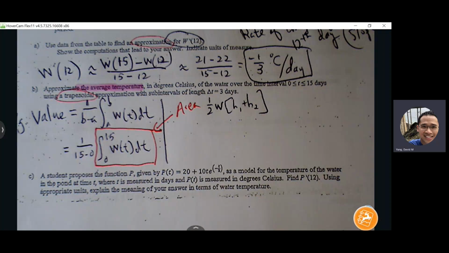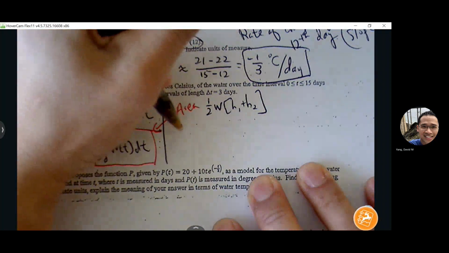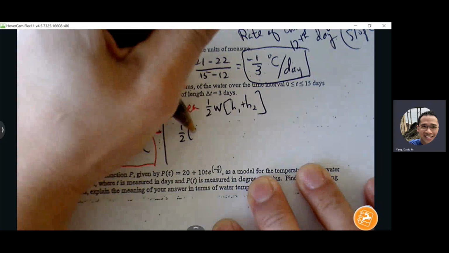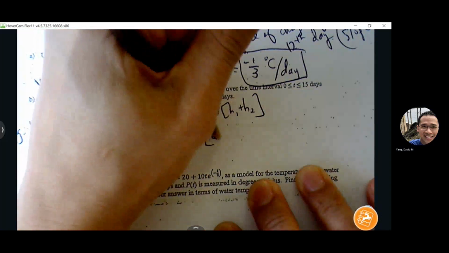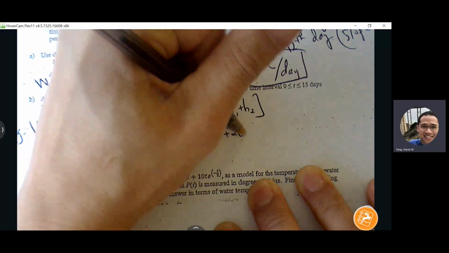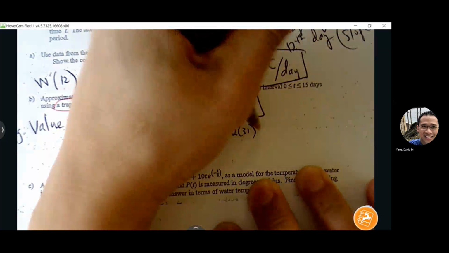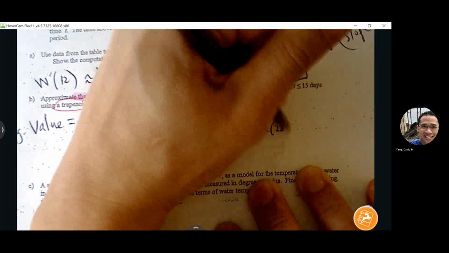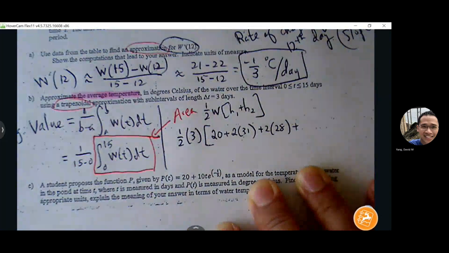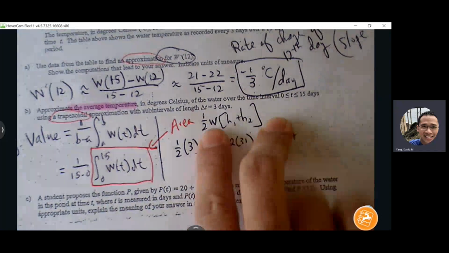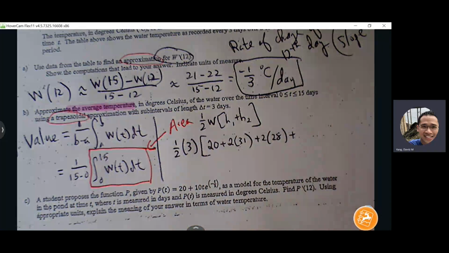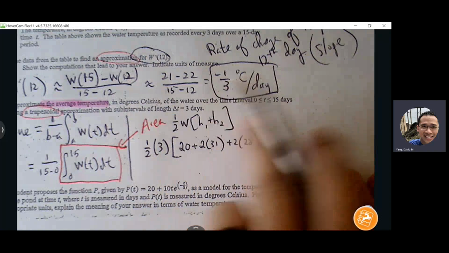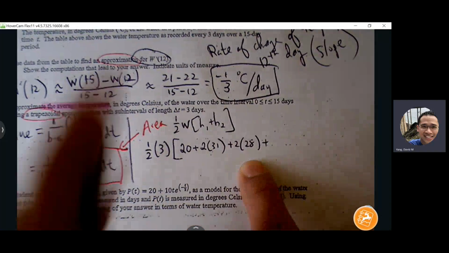Used twice, except the ones at the end. Yeah. So 1/2 width. I'm going to add up all the heights, and then just double all the ones in between. Another option is I can just do 5 trapezoids with each of them separate, but this is a little bit faster.